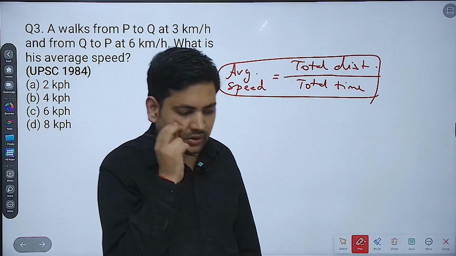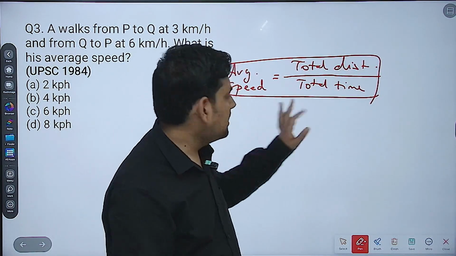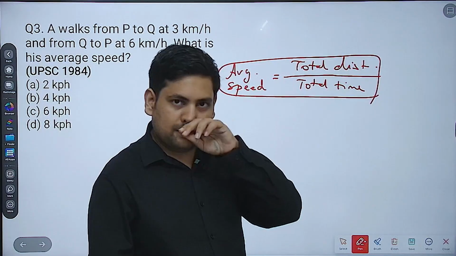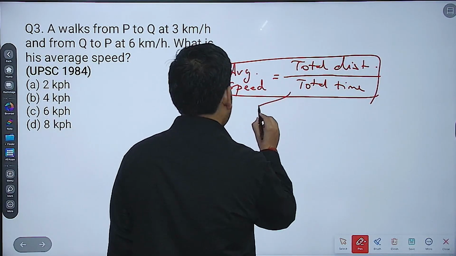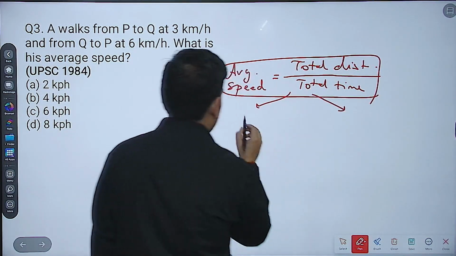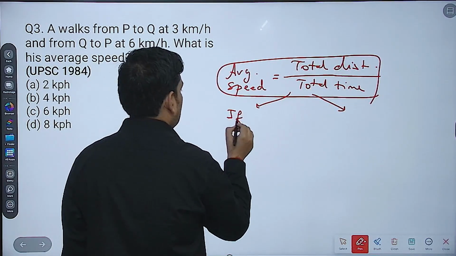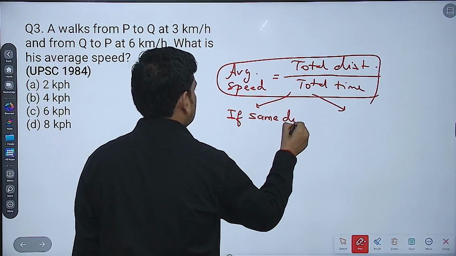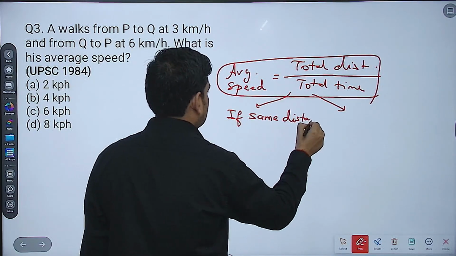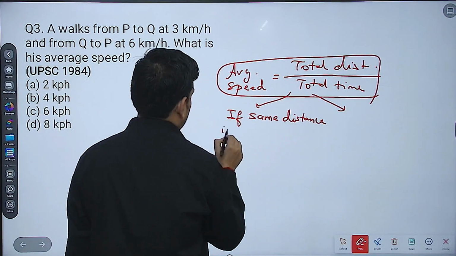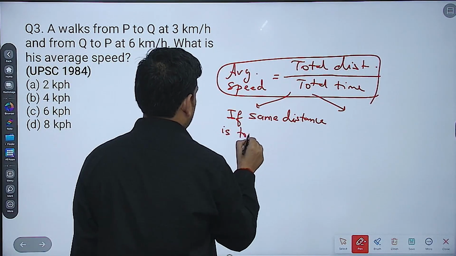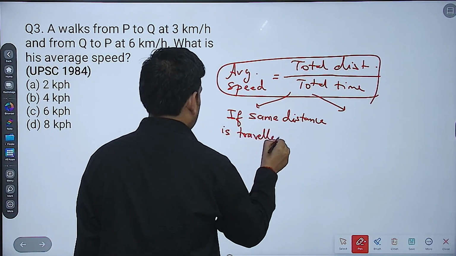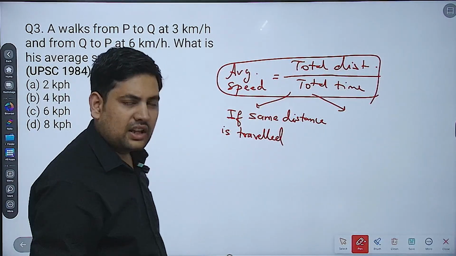Total distance upon total time is the value of average speed. Now there are two different scenarios.